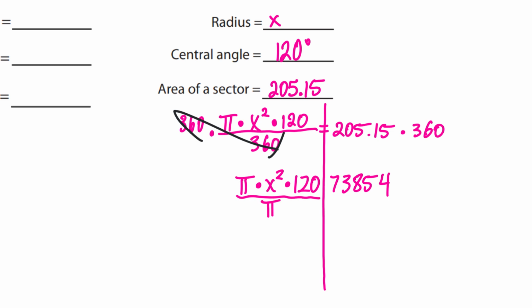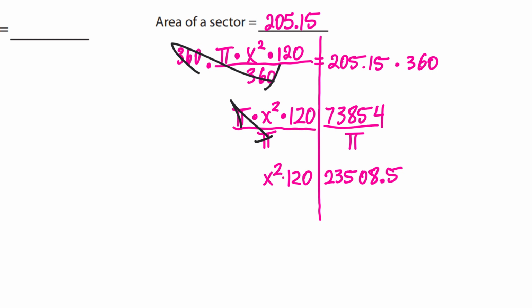Next thing I'm going to do, divide both sides by pi. Those pi's cancel to 1. So we have x squared times 120 equals 23,508.5. And you divide both sides by 120.